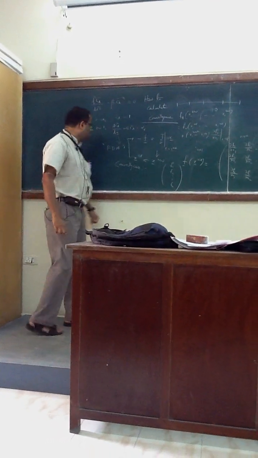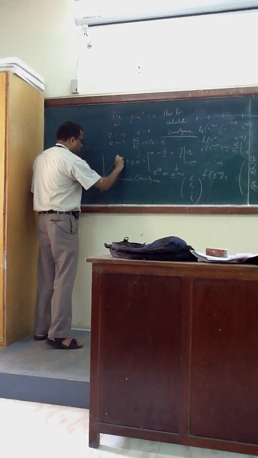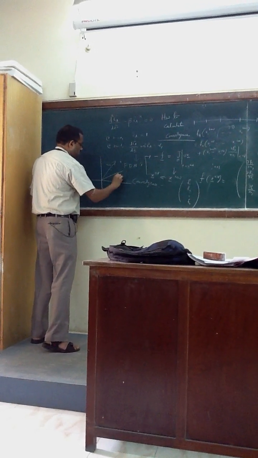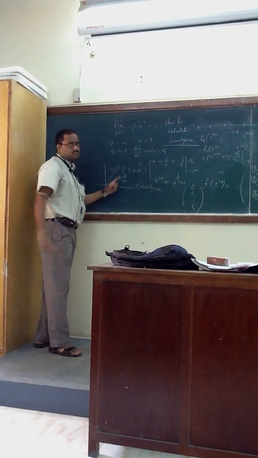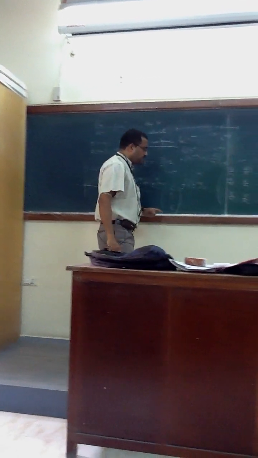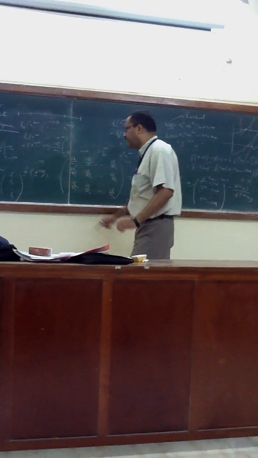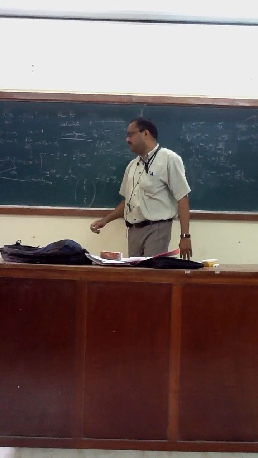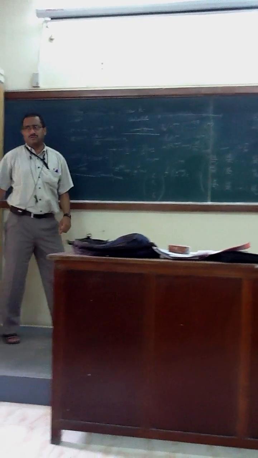As I discussed, this is your exact solution, this is the approximate solution, and this is the error. So when the solution is exact, each of f1, f2, fn has to be zero. It is very difficult to check that each of f1, f2 equals 0.